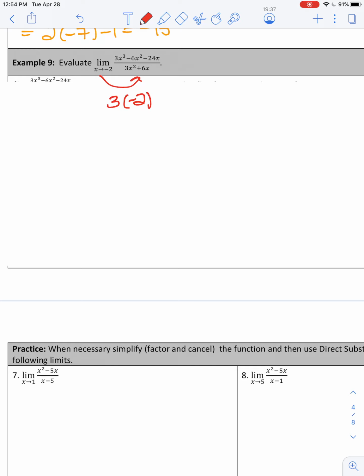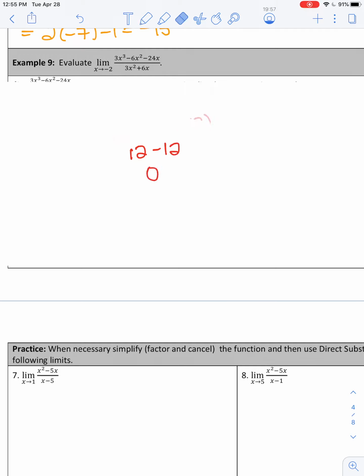Notice that if you take 3 times -2 squared plus 6 times -2, you're getting 3 times 4 plus a -12 here, and you see that this is 12 minus 12, which is 0.